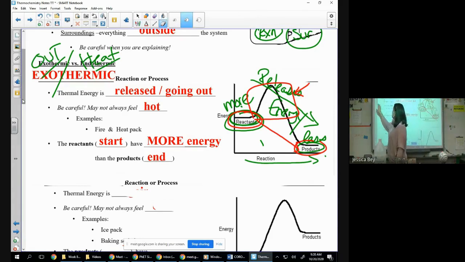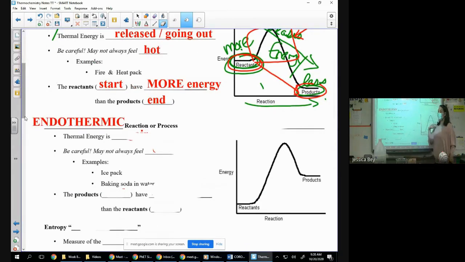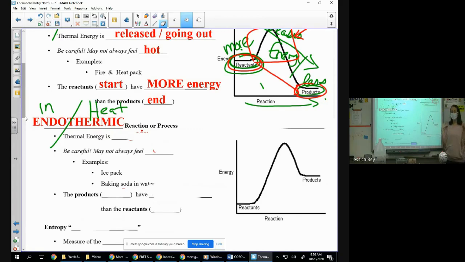If you don't release energy, that probably means you take in energy, which is endothermic, like an endoskeleton or any other endo words you can think of. Endothermic. Endo means in. Thermic means heat. You're taking in heat energy, and that is when thermal energy is gained or goes into the reaction.